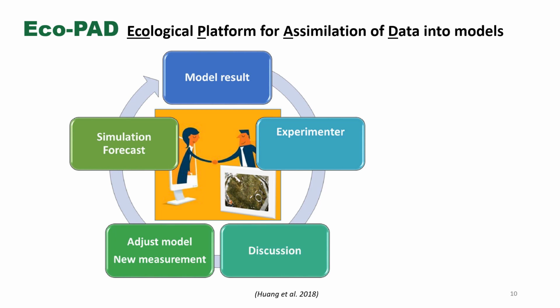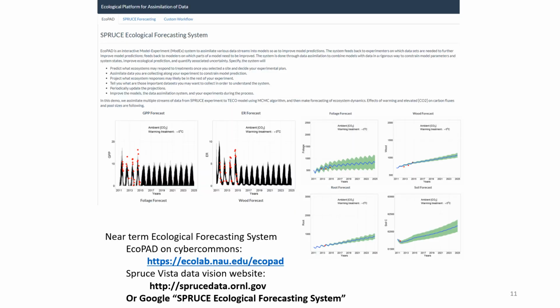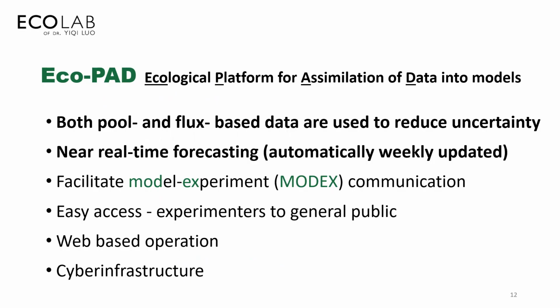This model experiment system offers a platform for intensive communication between modelers and experimenters. In this way, both models and measurements will be improved. In today's practice session, you will be exploring EcoPAD online with Jiang and then design your own model simulation experiment.